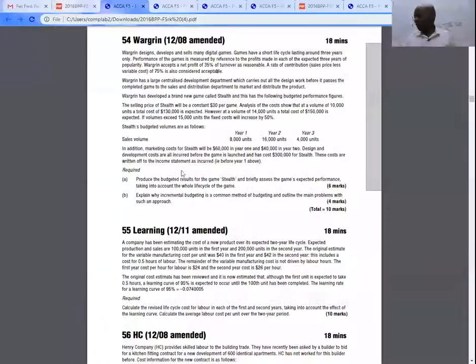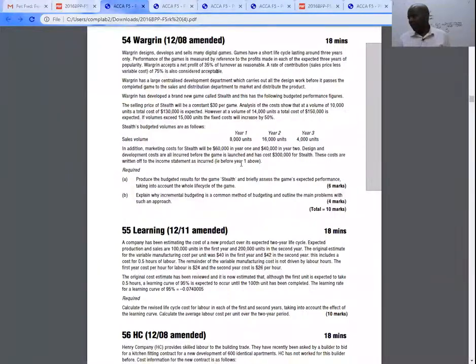So you see they have given us the budgeted volumes as follows. In addition, we have marketing costs for Stealth of 60,000 in year 1 and 40,000 in year 2. Design and development costs are all incurred before the game is launched and cost 300,000 for Stealth.